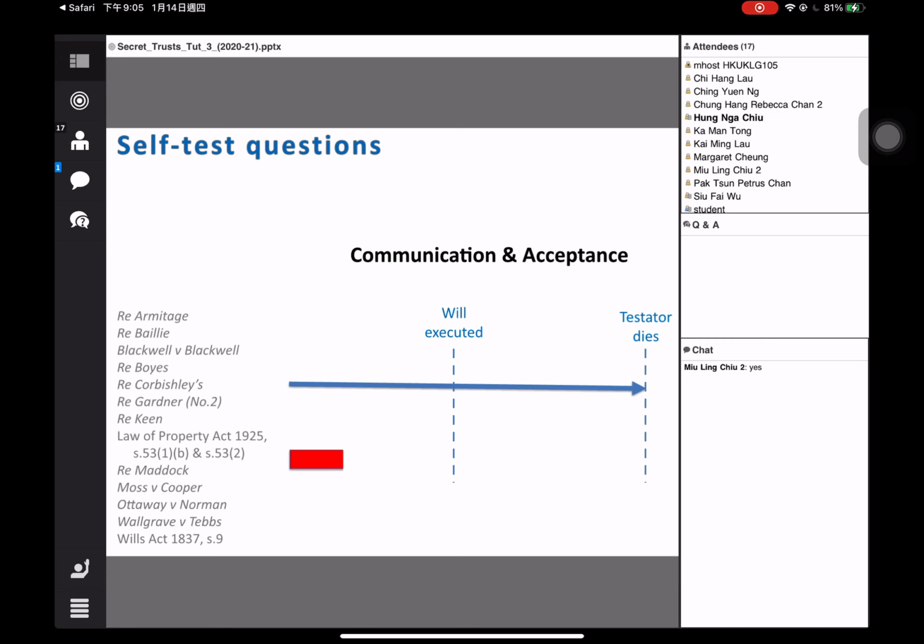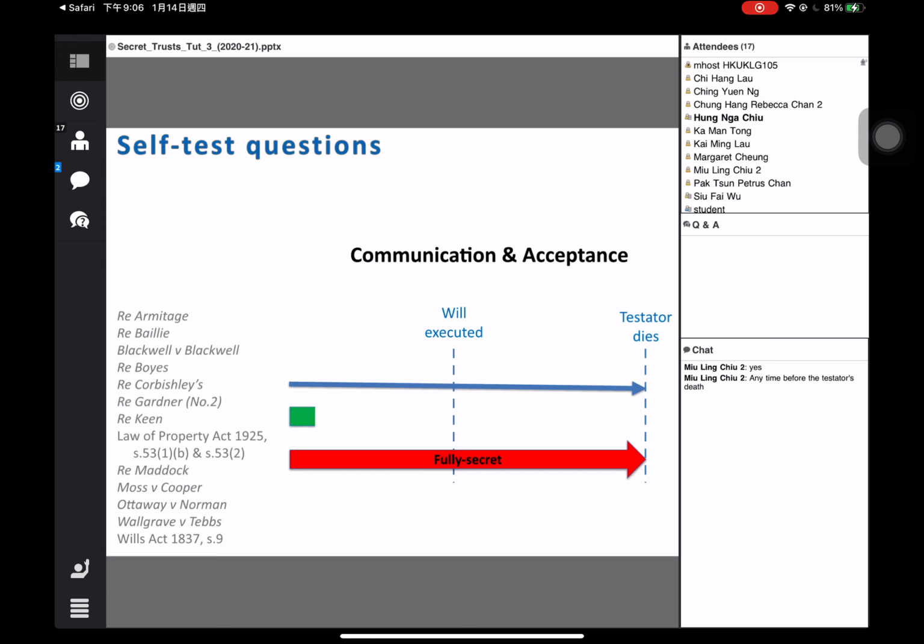Can someone suggest? Yes, any time before the testator's death, of course. It's a fully secret trust, so it can take place at any time before he dies.